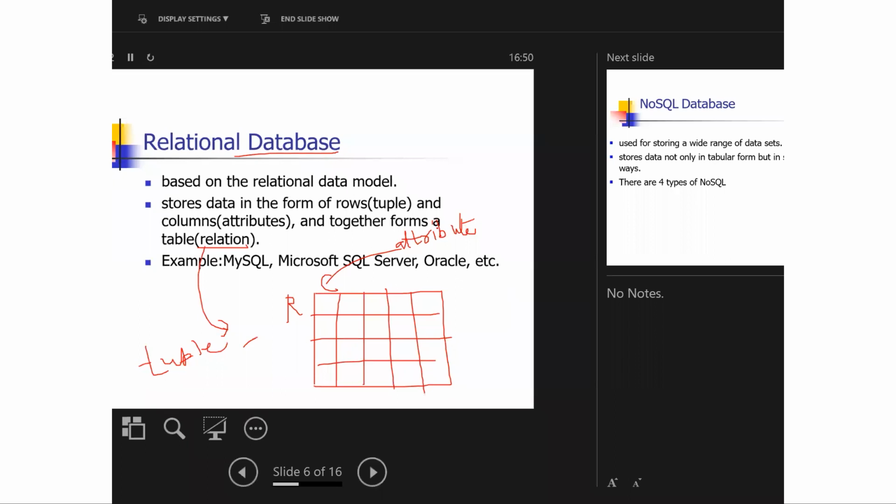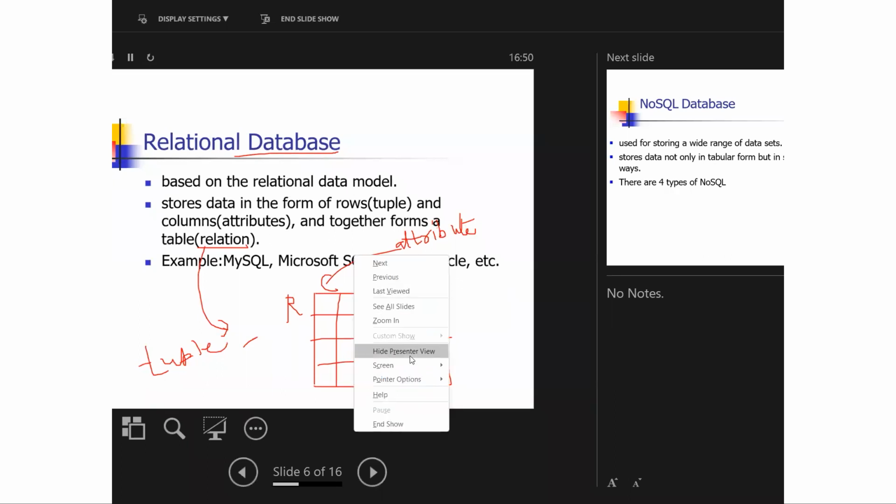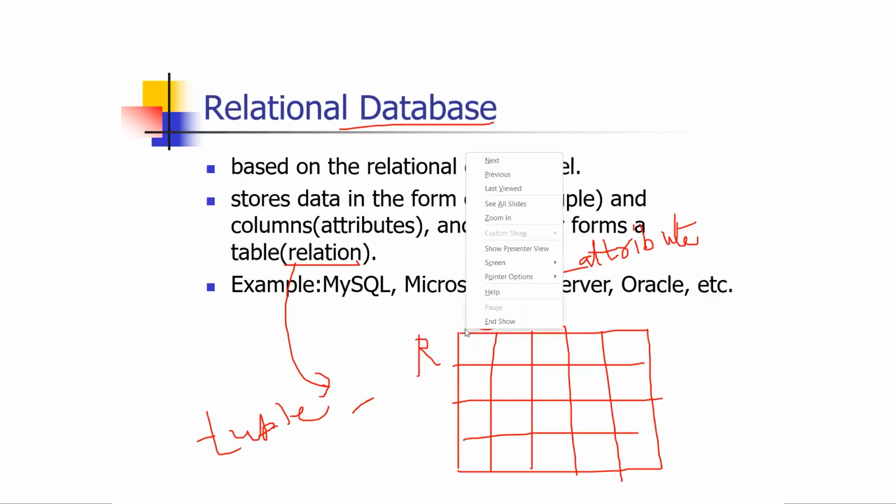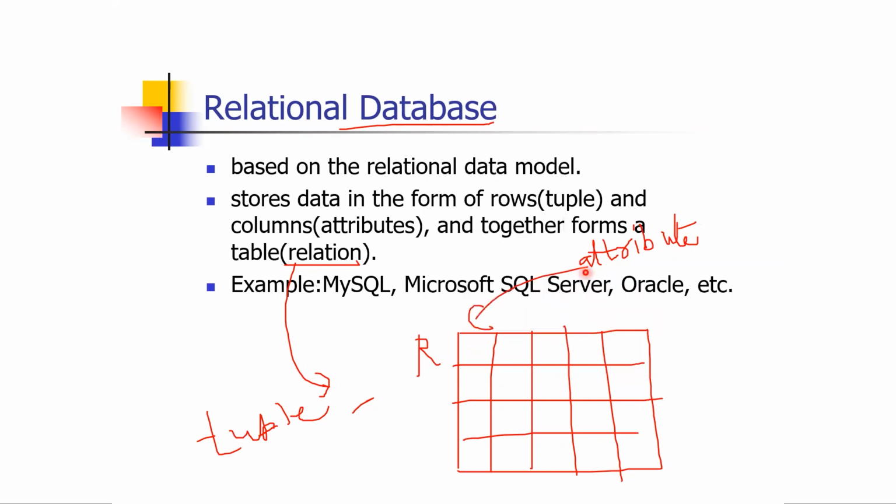Everything is in the form of tables. A relational database means a database in the form of relations, and a relation is a table.